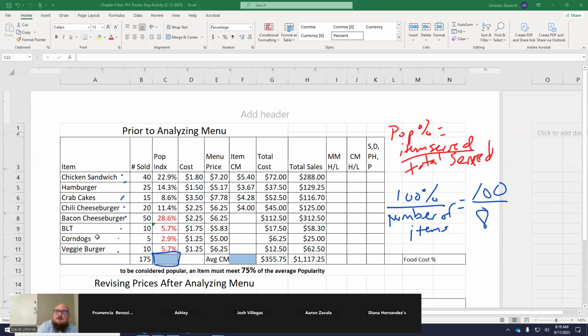And that equals 12.5%. My note down here on the bottom says, in order to be considered popular, it must achieve 75% of the average. So we're going to multiply that by 0.75. So what is 12.5 times 0.75?